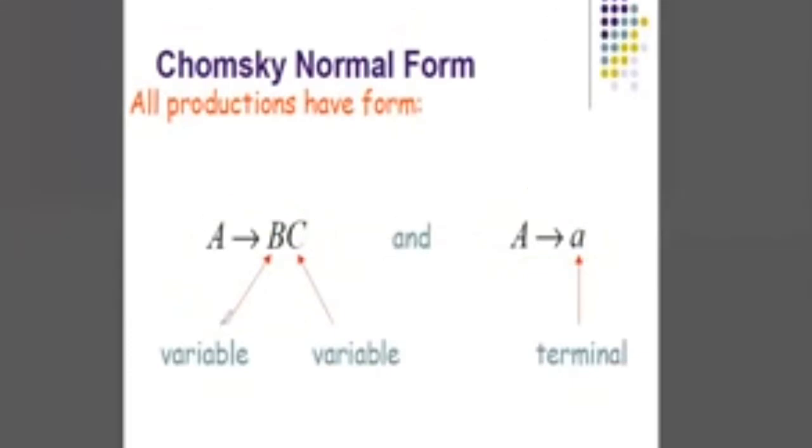Okay, so now let us take an example. Here, you can clearly see all the productions. S tends to AS, it is in CNF. S tends to A, CNF. A tends to SA, it is also in CNF. A tends to B, this is also in CNF.